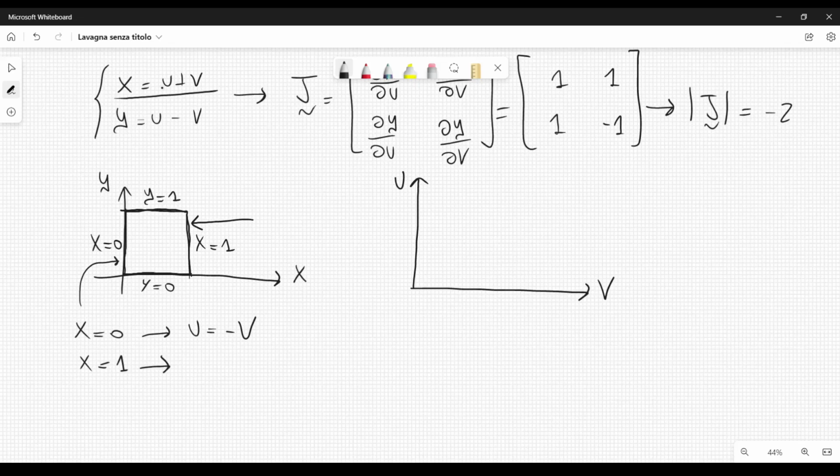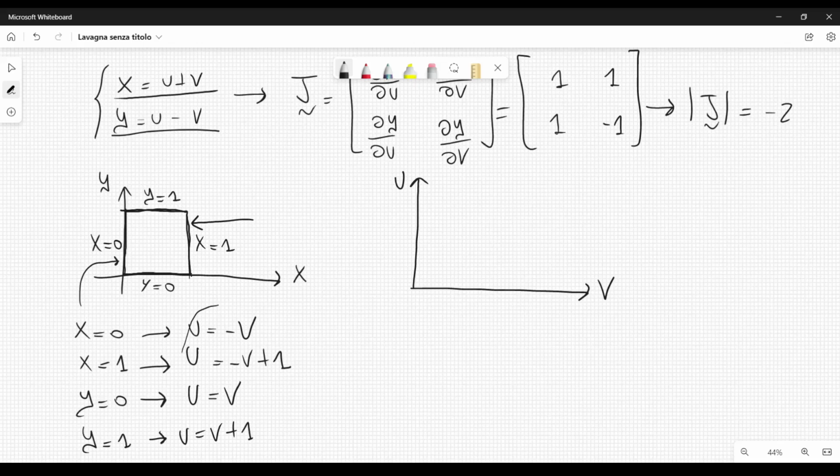And from this equation, we find that u is equal to minus v plus 1. And also, let's consider y equal to 0. If y is equal to 0, from the second equation here we get that u is equal to v. And if y is equal to 1, we get u equal to v plus 1.